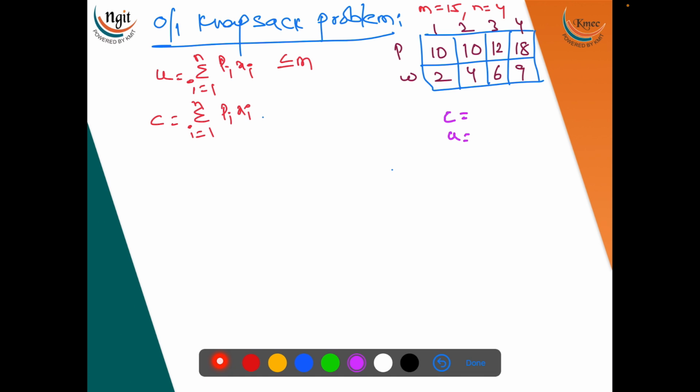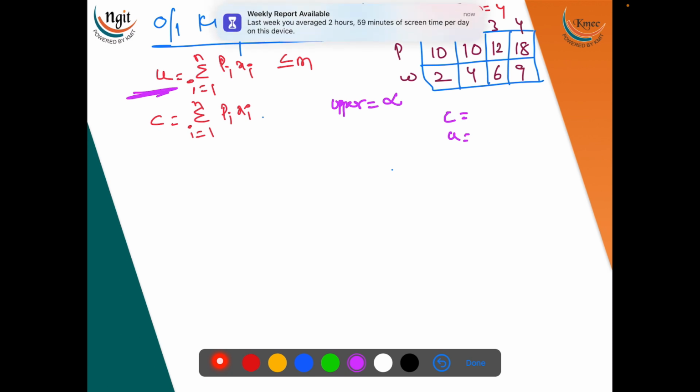First of all, the upper value is infinity. So find out the upper value. This is the formula to find the upper value: summation of i equal to 1 to n of pixi less than or equal to m. So find out the u value.